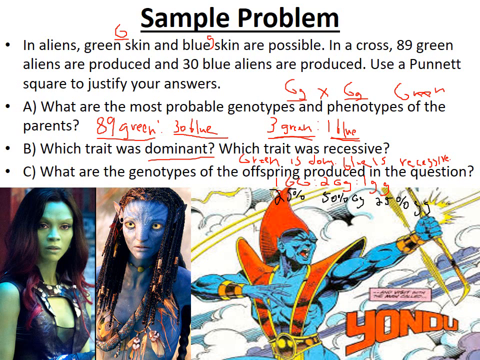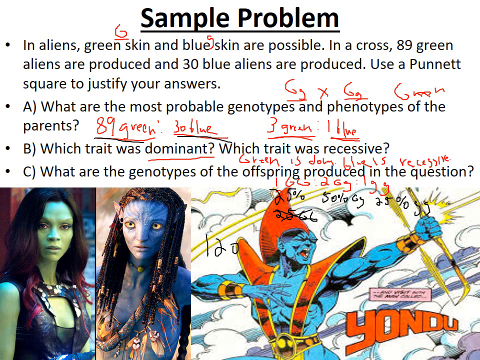So you have about 100 individuals. I'm just rounding up. That means 25 of them would be big G, big G. Now, if you want to find the exact number, you'd simply do 25% times, sorry, you don't have 100 individuals. You have 120 individuals, because you have 90 plus 30, 120 individuals. Right, so 89 green plus 30 blue, that's 120 individuals.